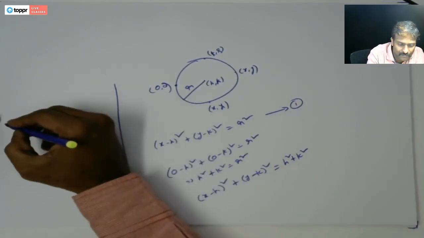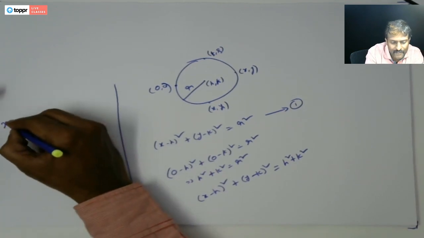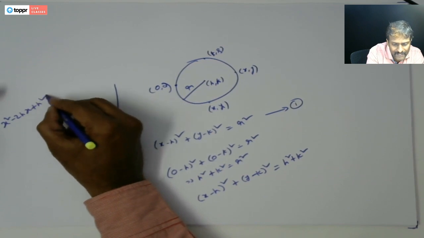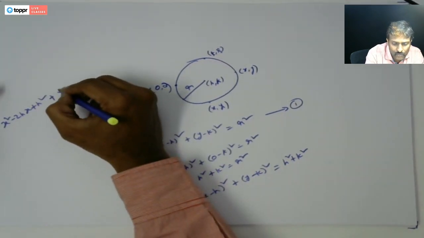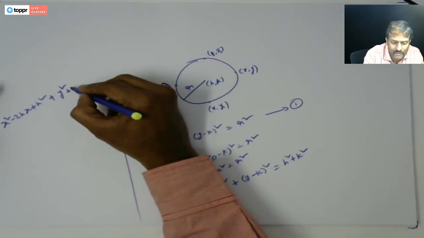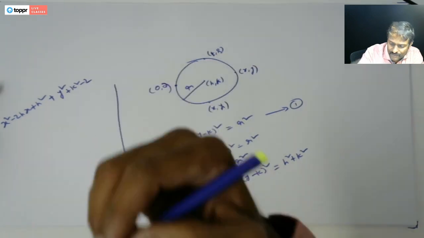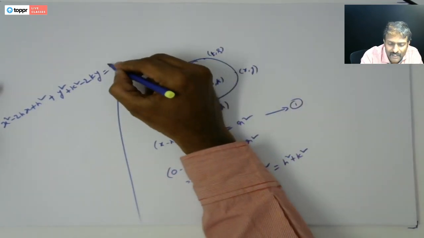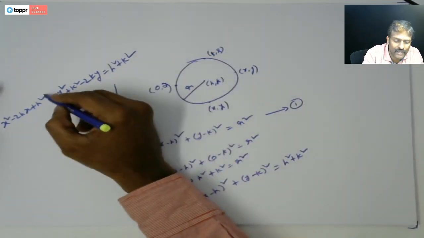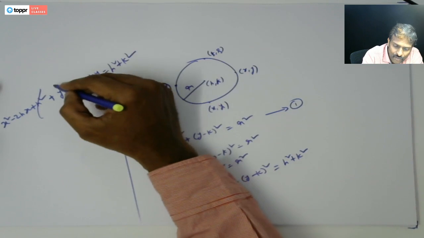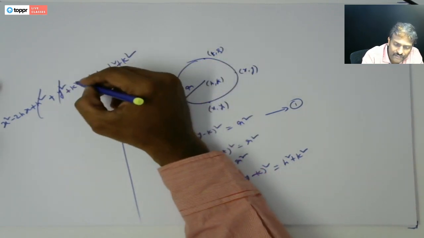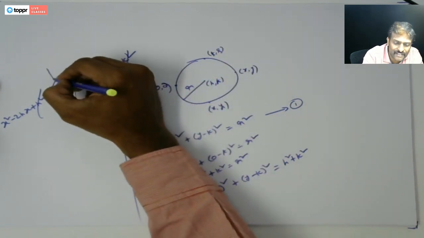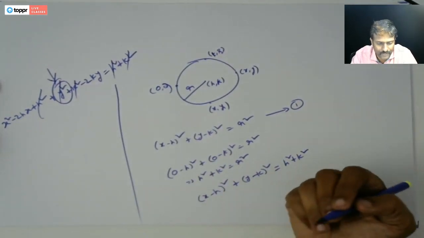You can cancel them, so you would be getting x square minus 2hx plus h square plus y square plus k square minus 2ky, which will be equal to h square plus k square. And now I can remove the h square and k square on both sides. This x square is still there, this y square is still there, right?